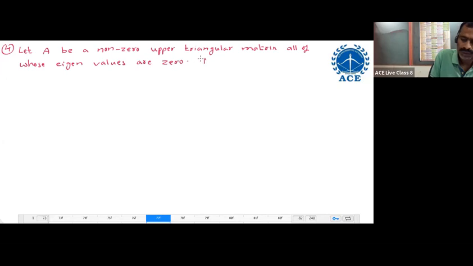Then I plus A is: option A singular, option B invertible, option C symmetric, option D skew symmetric.